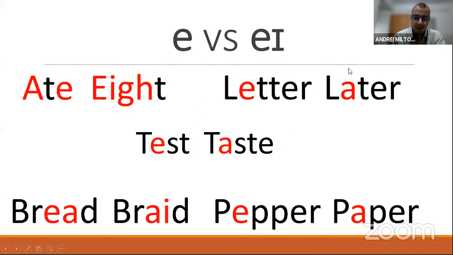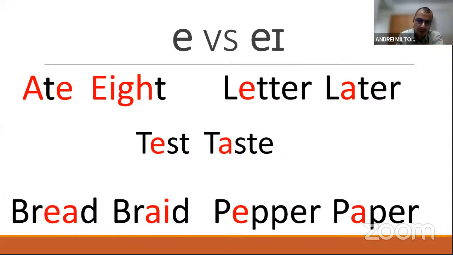Next one. We are almost finishing. So we have E and A. Something that is very important for you Indian students is that many of you, especially those who speak Hindi and also South Indian languages, tend not to pronounce the diphthongs. I don't know why. You forget to pronounce the second sound.